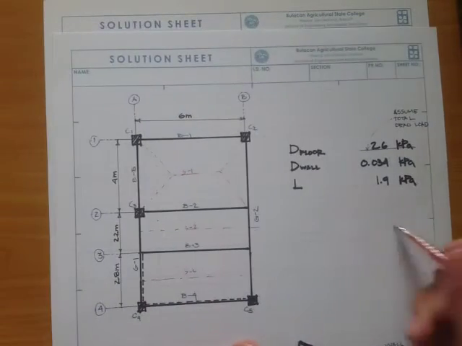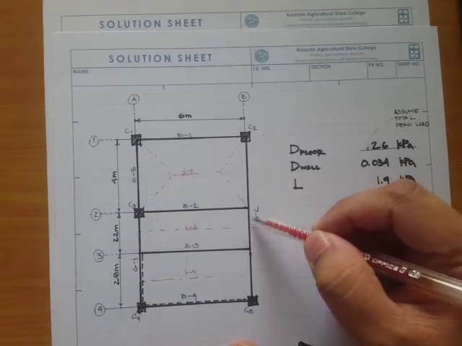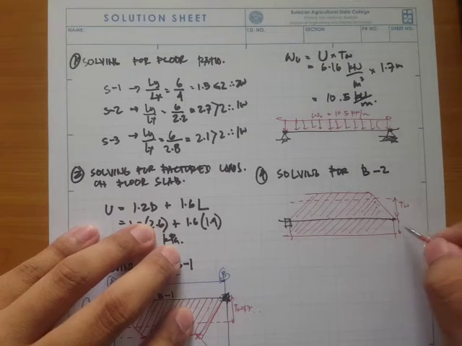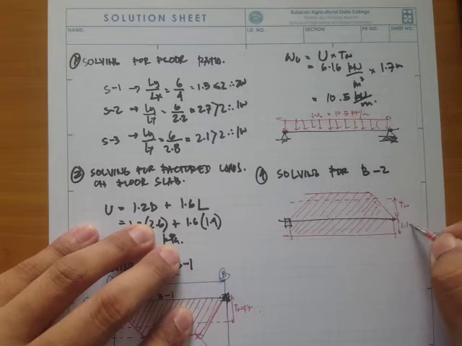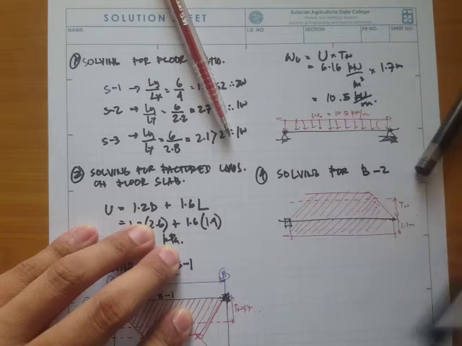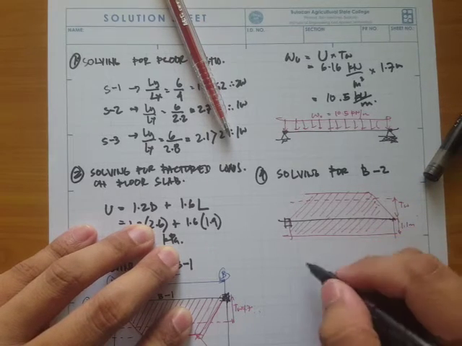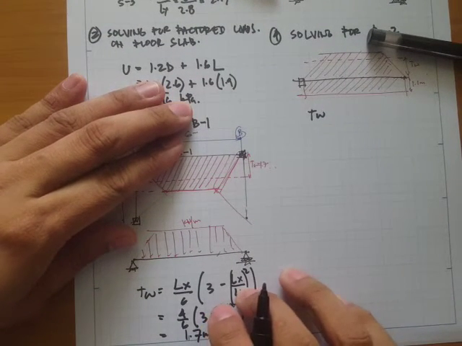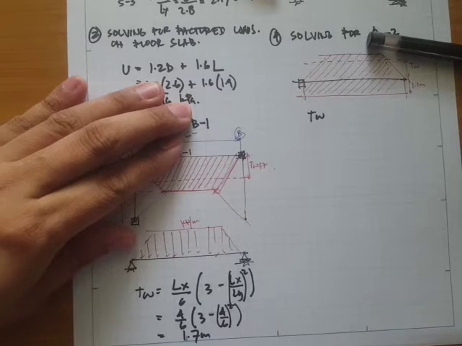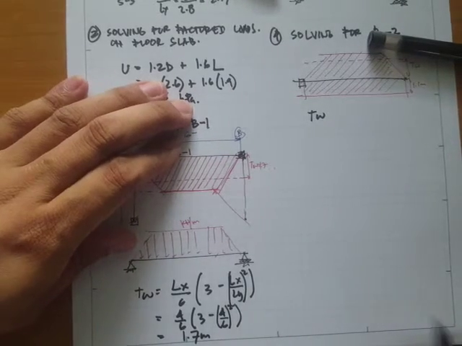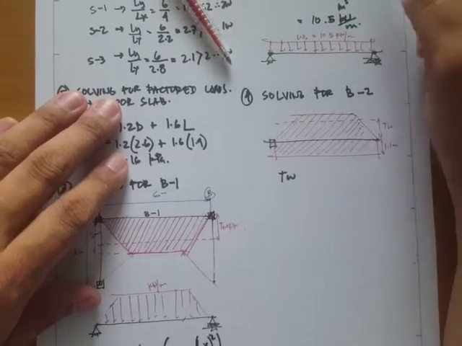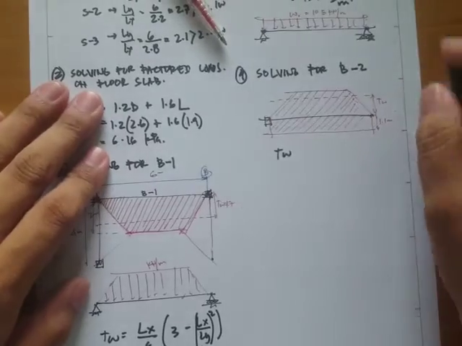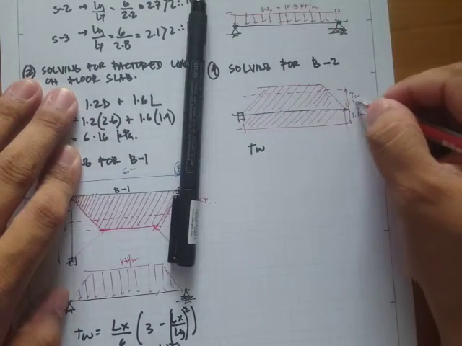So the tributary width here is 2.2 divided by 2, so it's just 1.1 meter. And for the other part, if you apply this equation below, that's actually the same as 1.7. So we'll write it down here: we have 1.7.